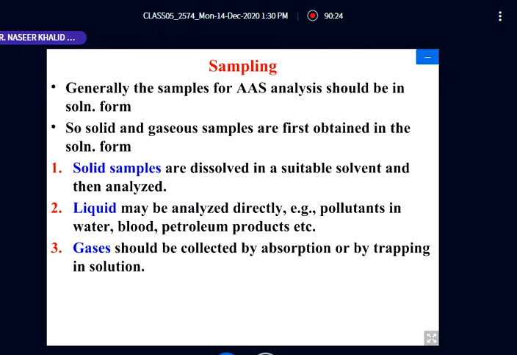For example, if we are going to analyze seawater, seawater contains a large concentration of sodium chloride. It can clog and interfere with the atomization process, so atomization will not take place.